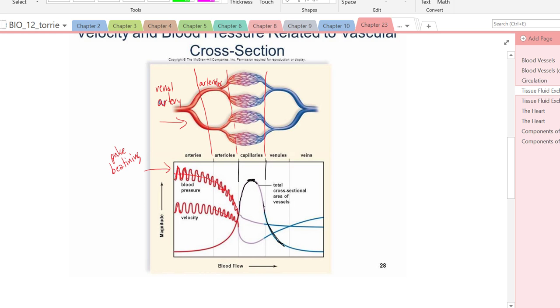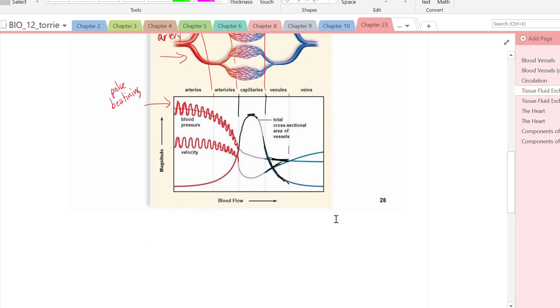Surface area drops off, but blood pressure, remember, isn't restored and those veins are relying on our skeletal muscles to push on them as our muscles contract, as you shift in your chair, as you stand up and go for a walk, etc. All the action of your skeletal muscles pushes on those veins, pushing blood back towards the heart with the valves to control the backflow, prevent the backflow.